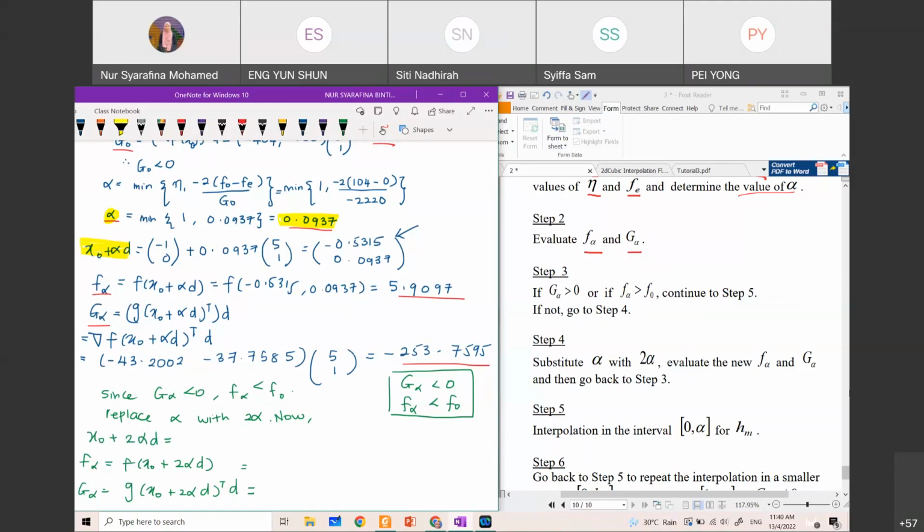What is your x naught plus 2 alpha d there? Anyone?